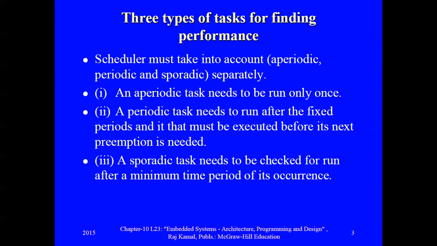That means after a particular time slice, the process is preempted from the ready queue and inserted into a queue. So a round robin scheduling algorithm is actually an example of a periodic task. And the third one is a sporadic task, which needs to be run after a minimum time period of its occurrence.